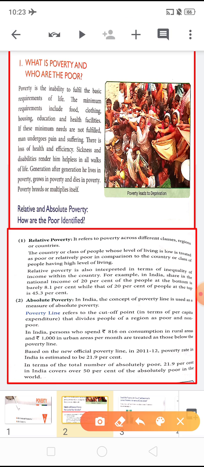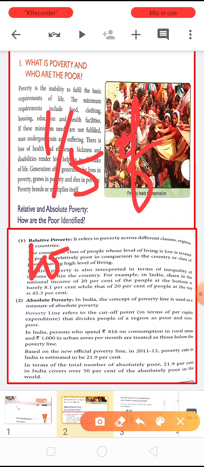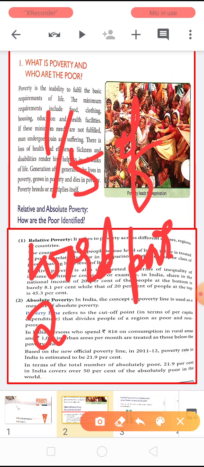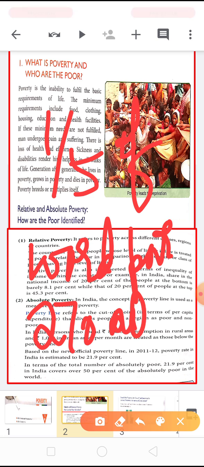So poverty is a challenge not only for India but also for the entire world, as more than one fifth of the world's poor, that is almost around 270 million people, live in India alone, and are not able to meet their basic amenities of life.